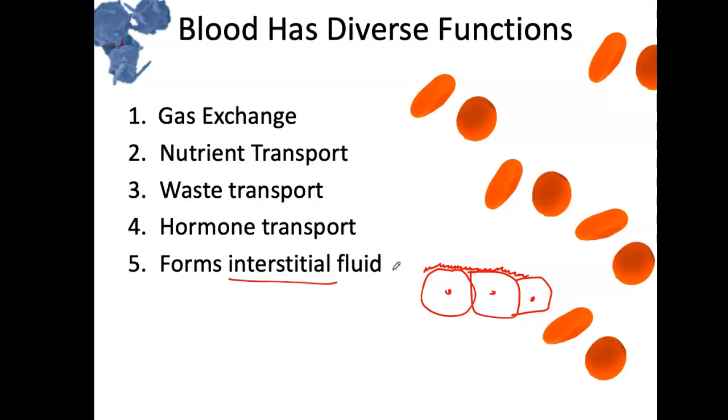So blood is going to sort of leak a little bit of that plasma and create that fluid that surrounds cells. And the last one is just protection, given that it has the molecules that are part of your immune system traveling around attached onto white blood cells.